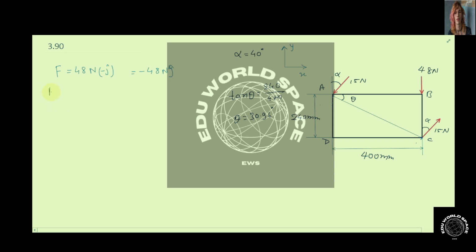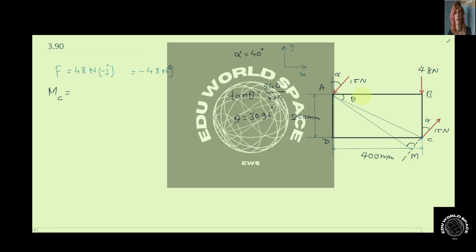So for the calculation of moment about point C, let's do some geometry here. We draw a perpendicular line from A on this line of action, and let's say this is M and this angle is 90 degrees.